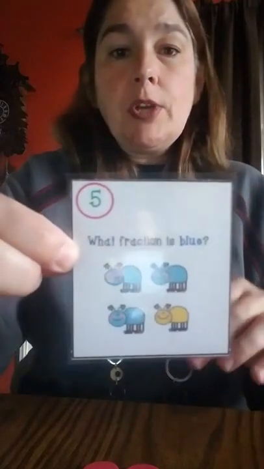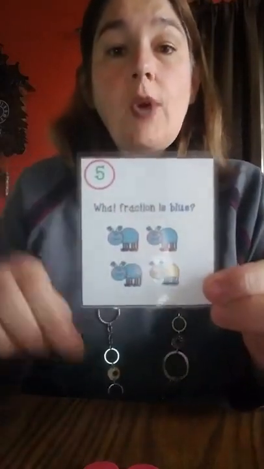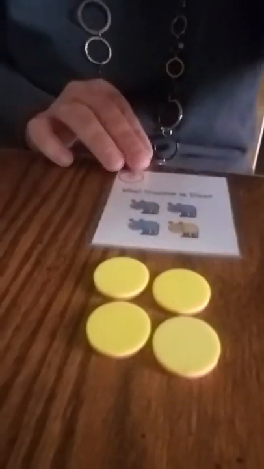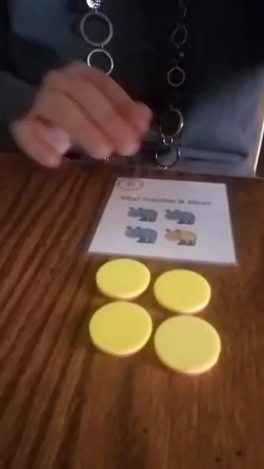All right, this one says, what fraction is blue? What fraction is blue? Again, I have 4 little bugs, so I will get my counters. And I first just give 4 counters. 1, 2, 3, 4. Now it says, what fraction is blue?